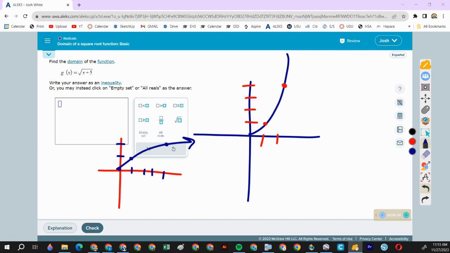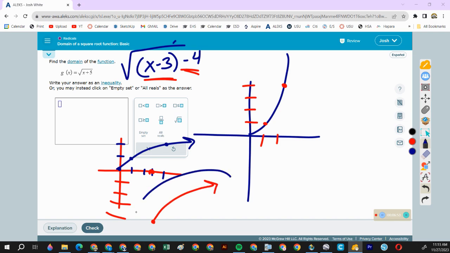Okay? So what if I had the square root of x minus 3, minus 4? Where is that graph going to be? Over 3, so here, and down 4, right here, and then it's going to look like that. What is the domain of this function?